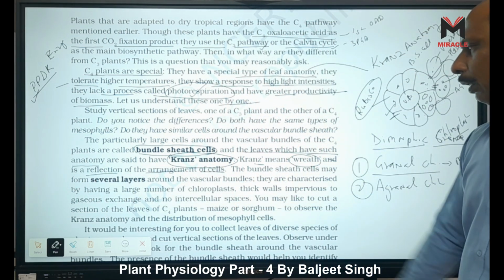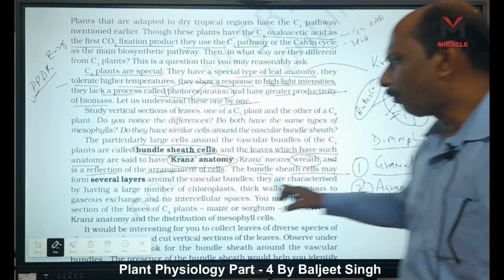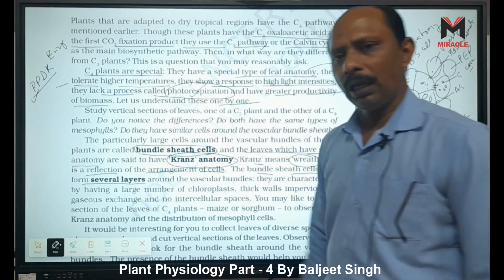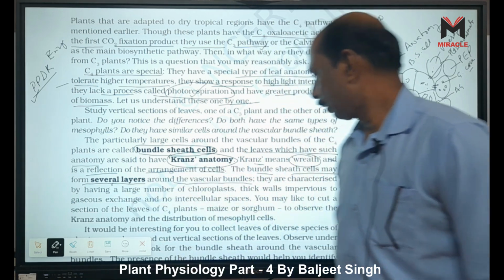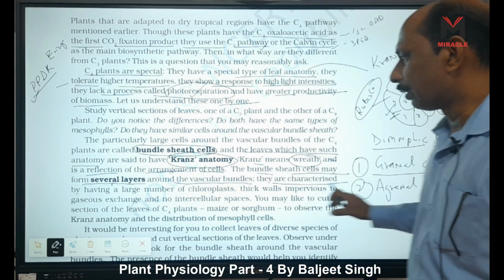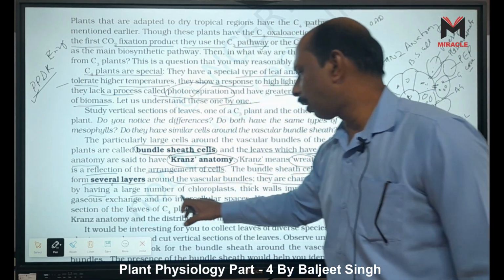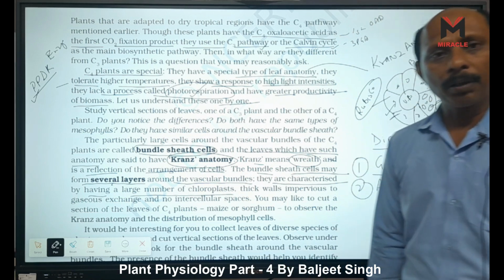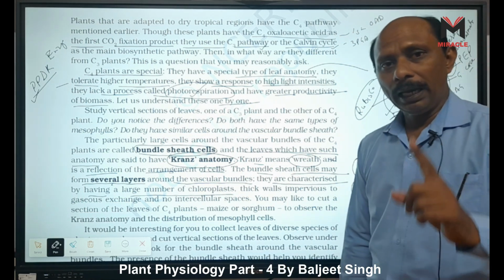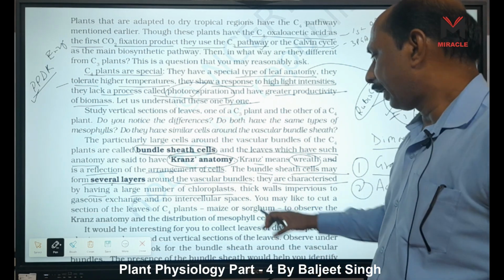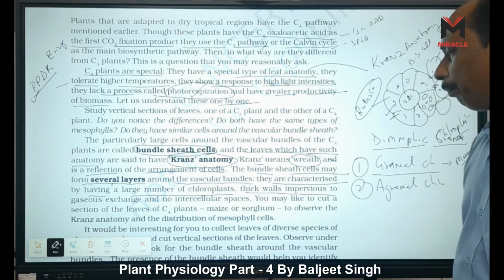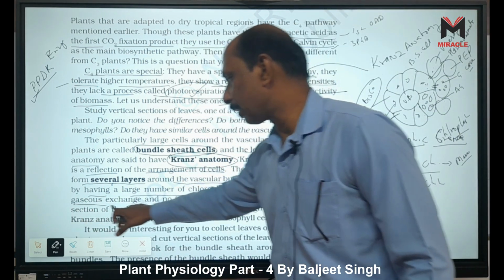Why is it called Kranz? The bundle sheath cells may form several layers around the vascular bundles, meaning more than one layer there. They are characterized by having a large number of chloroplasts, first thing, and these chloroplasts are also big in size. Second, a thick wall which is impervious to gaseous exchange.